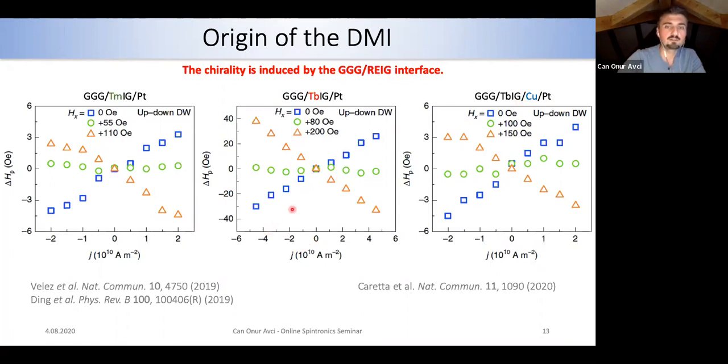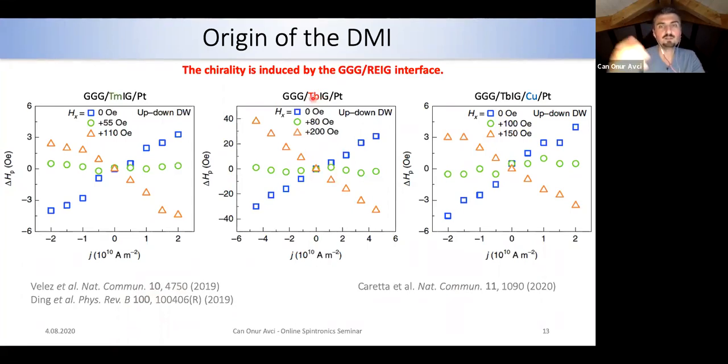So what we concluded, along with other work that I refer to, is that the DMI must come from the GGG interface. On top of that, my colleagues at MIT also studied this afterwards in more detail, and they found that the rare earth elements are crucial to have the DMI in the system.